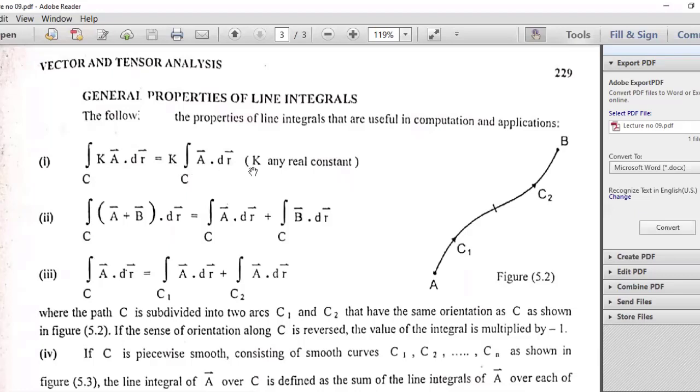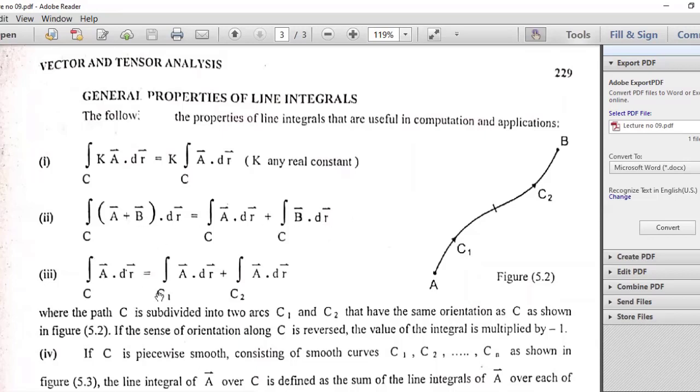Second, when we have two vectors, A plus B dot dr, then we separate it as A dot dr plus B dot dr.